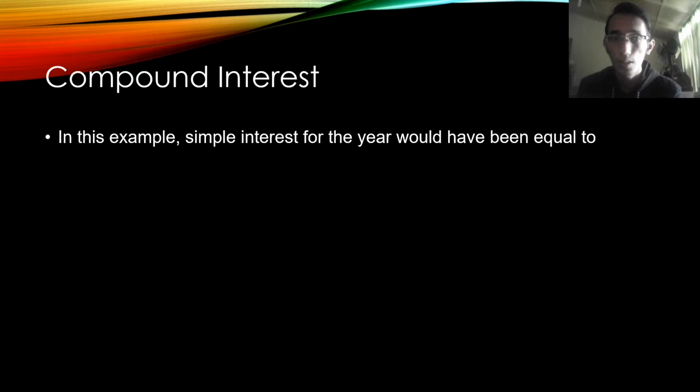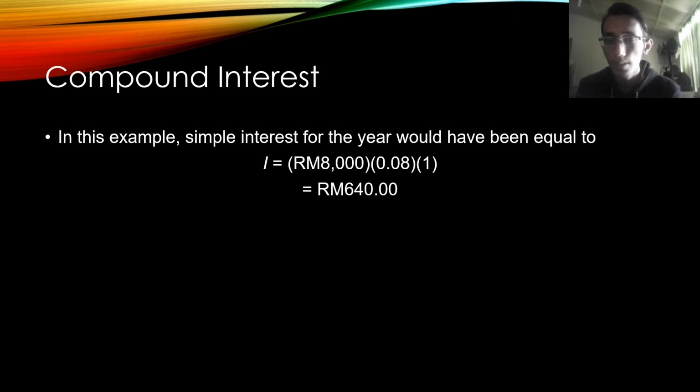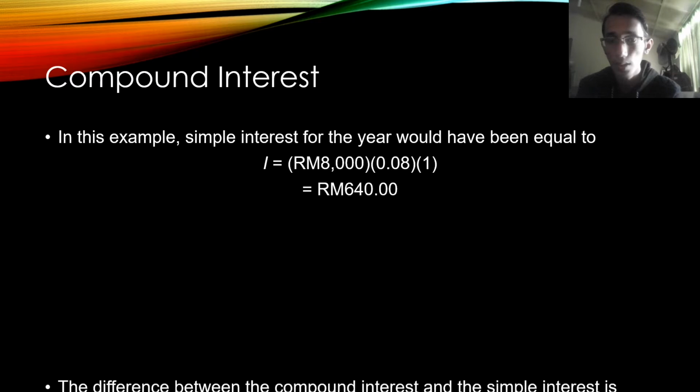So in this example, the simple interest for the year would be equal to simple interest I equal to the principal 8,000 times 8% times 1. So we get the answer 640 ringgit.